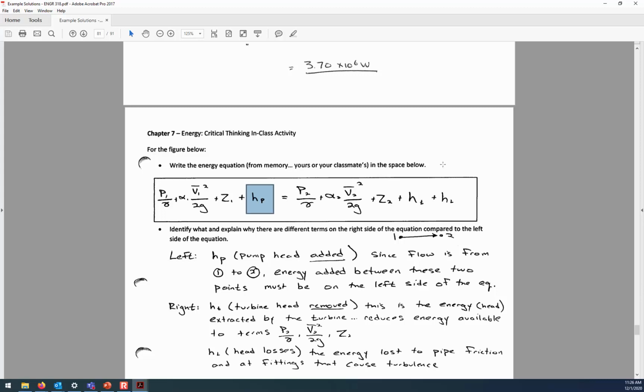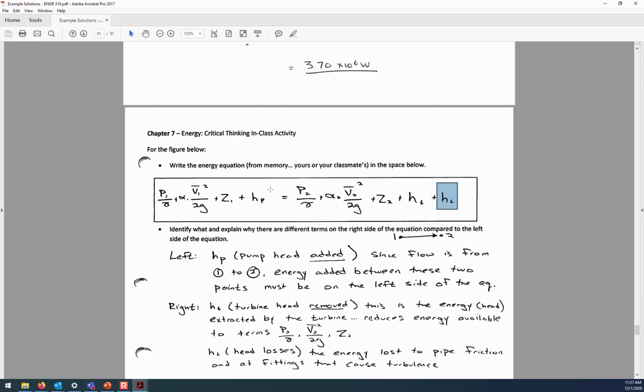And then on the right-hand side of the energy equation is a term that accounts for whether there's a turbine extracting energy from 1 to 2, and then also a combined head losses term. And you might have written that as local losses, HL, and the friction losses, HF, and that's fine. But HL collectively accounts for those two terms, the energy loss due to pipe friction and the energy loss due to local losses.